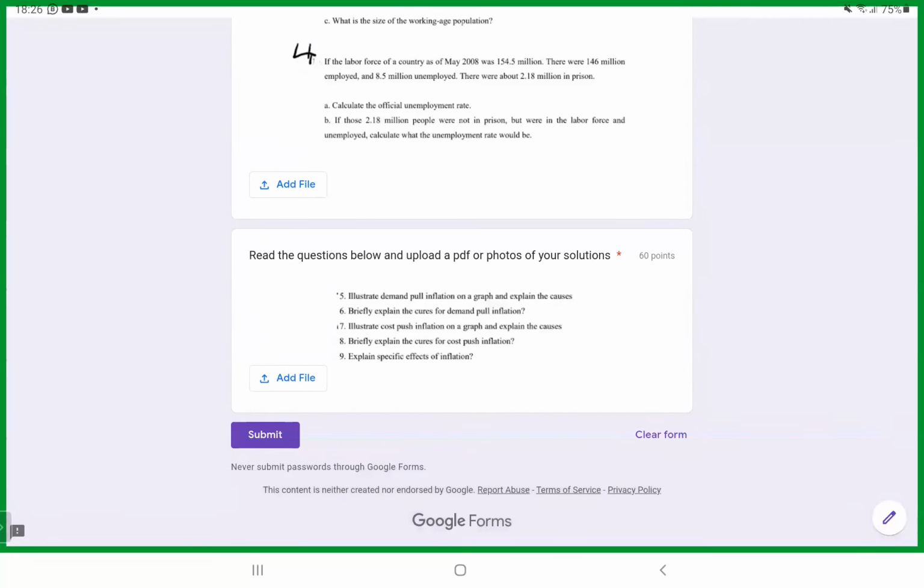You were asked to read the following questions below and upload a PDF or a photo of your solutions. Number 1: illustrate demand-pull inflation on a graph and explain the causes thereof.